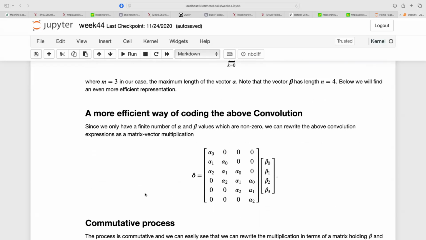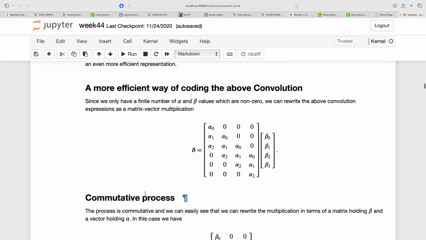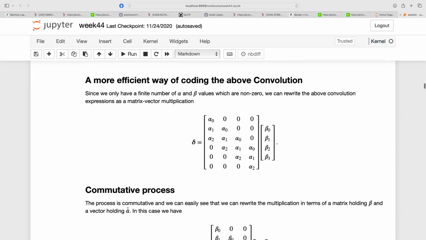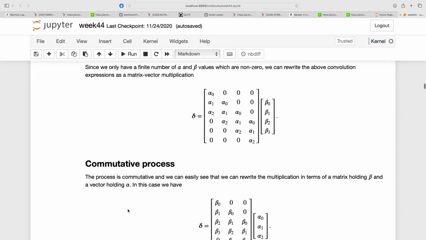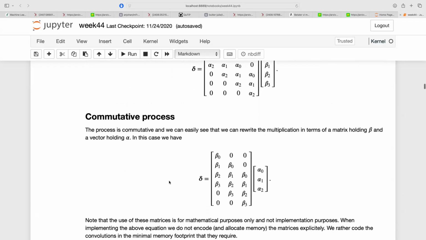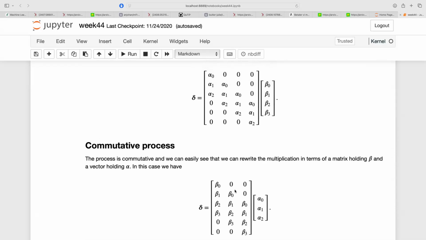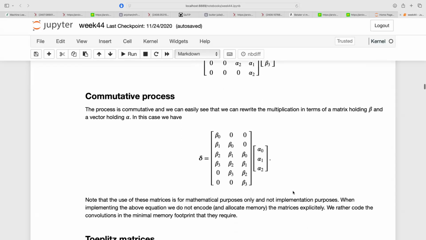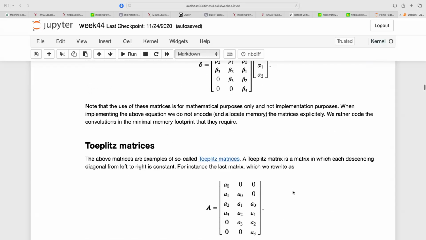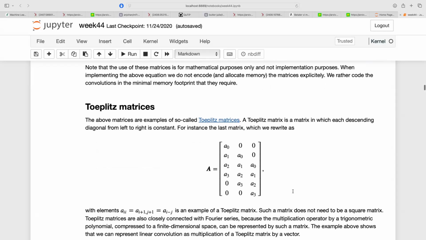Now, a convolutional process is what we mathematically call commutative. And it's not so difficult to see that you can have this one written in terms of a matrix with the betas multiplied with a vector A0. Actually, the second one is better from a computational point of view because it involves less floating point operations. And these matrices which you see here have a name in the literature.